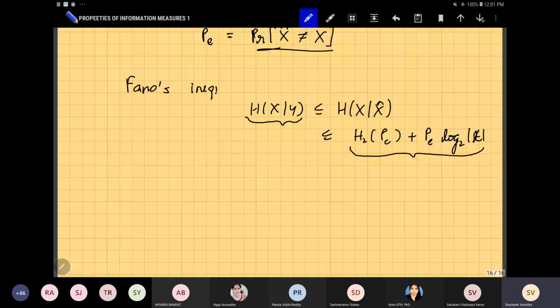So I won't have time to prove Fano's inequality in class, but I've already uploaded some notes for all of these, so you can take a look. In the next class, we'll have a slightly long quiz, and the classes themselves end today.